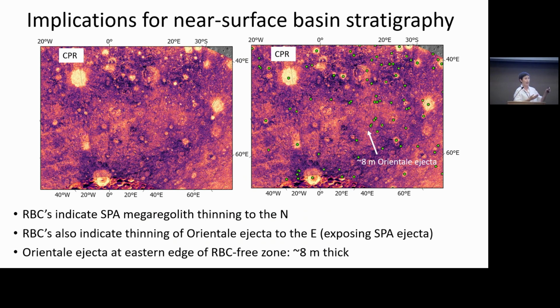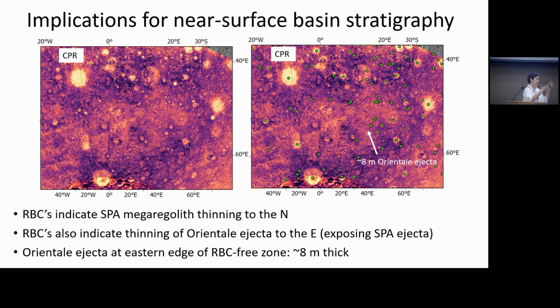So maybe what you have is thinning SPA megaregolith to the north and thinning Oriental ejecta as you go to the east. And then these few radar bright craters in the broadly radar bright region are locations where you're actually punching through that Oriental distal ejecta, probing the blockier SPA megaregolith that is itself thinning to the north.